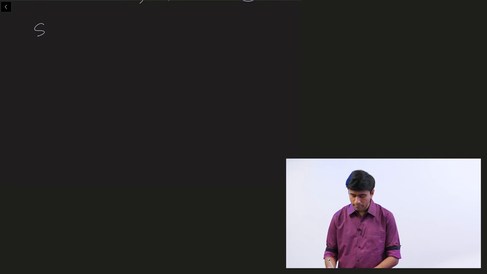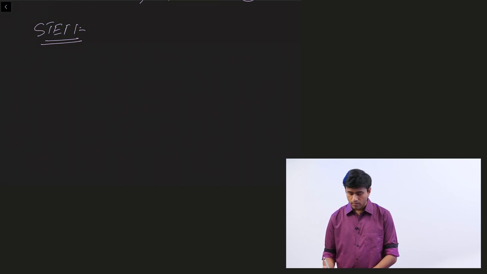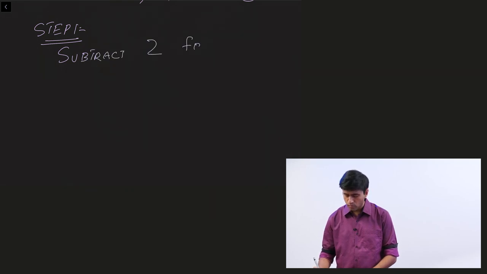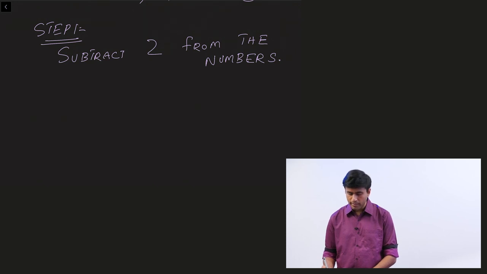So step 1 is to subtract 2 from the numbers. We are subtracting 2 because in the question it's mentioned that it leaves a remainder 2 in each.